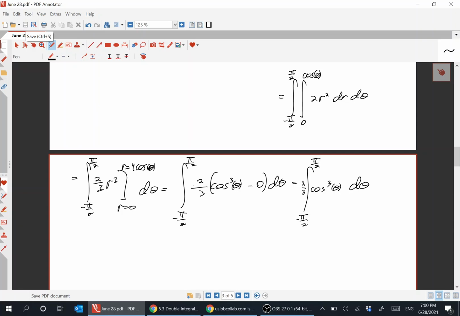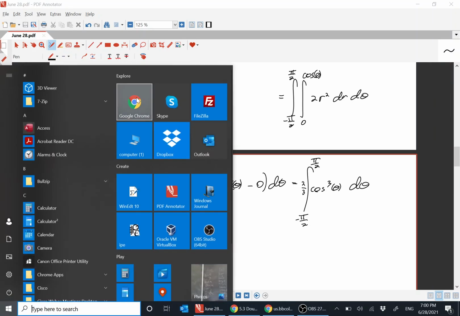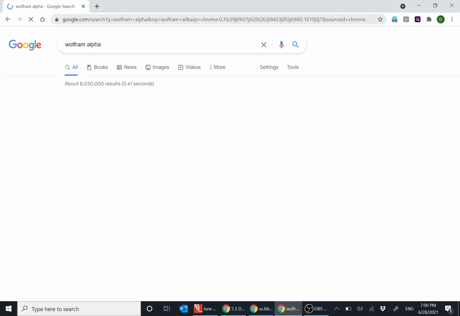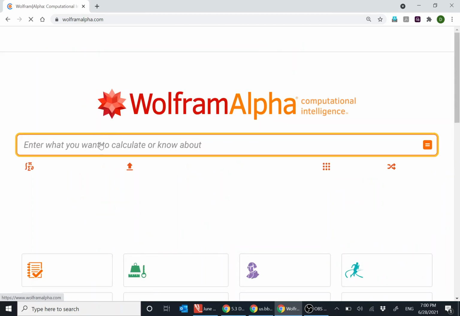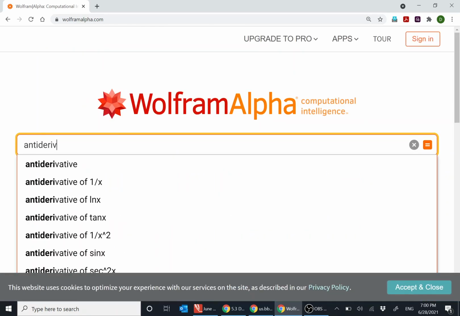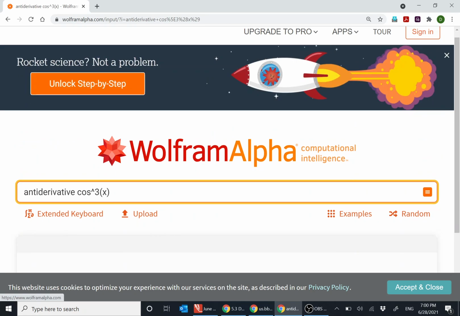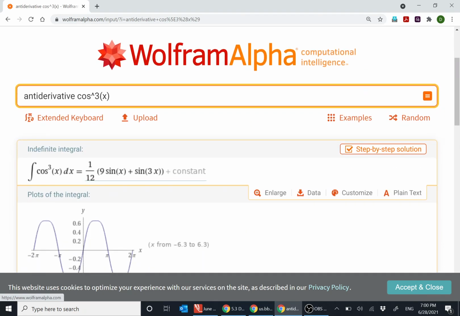So, the antiderivative of cosine cubed, how would you find that one? Does anyone remember how that one goes? Let's just go through Wolfram Alpha to get a quick answer for that. So the antiderivative of cosine cubed x is 1/12 times 9 sine x plus sine 3x.